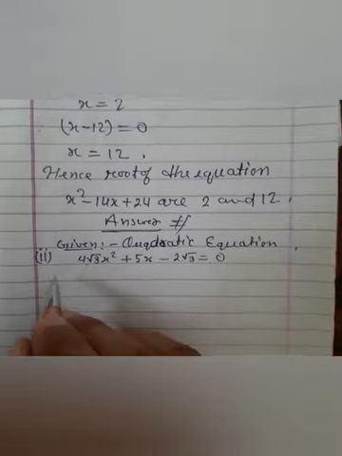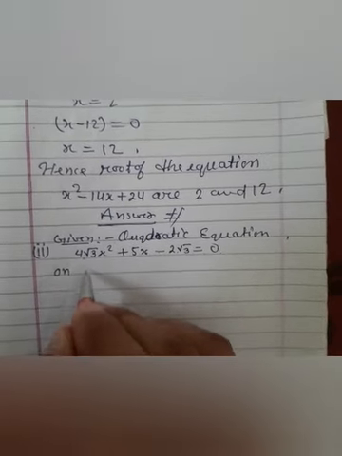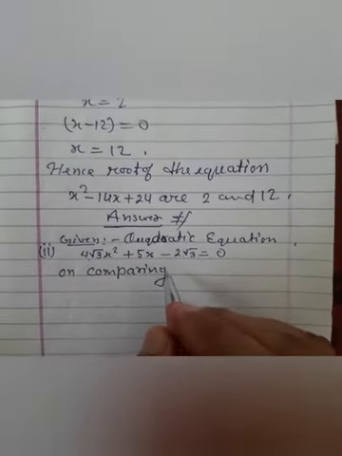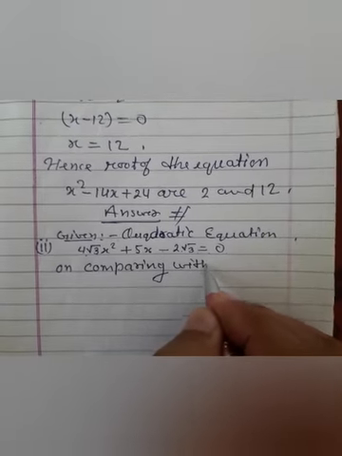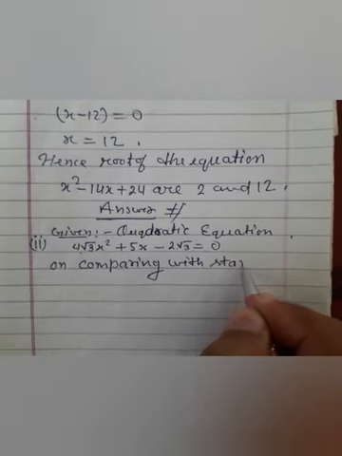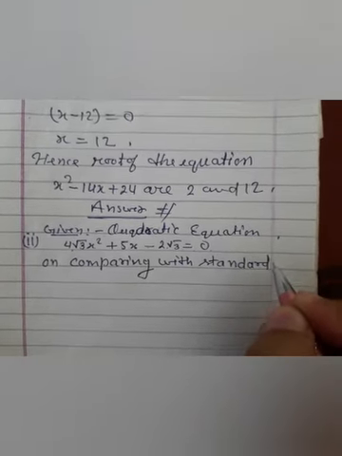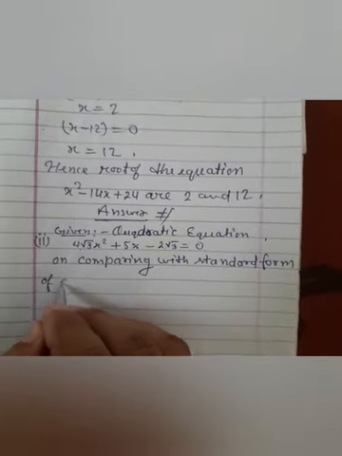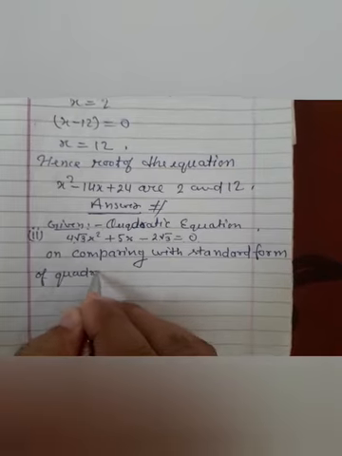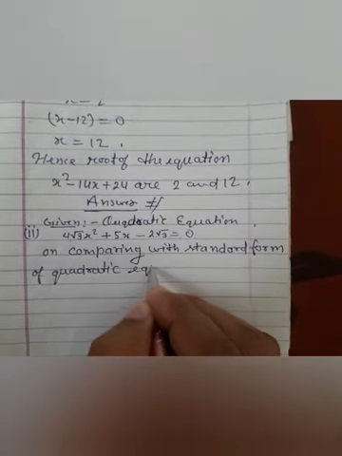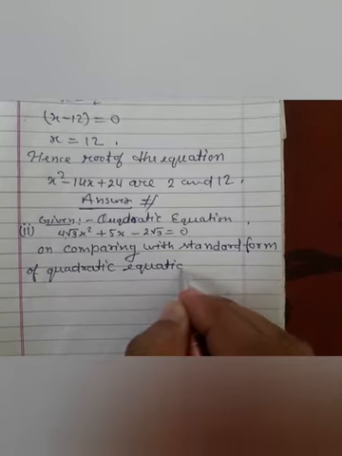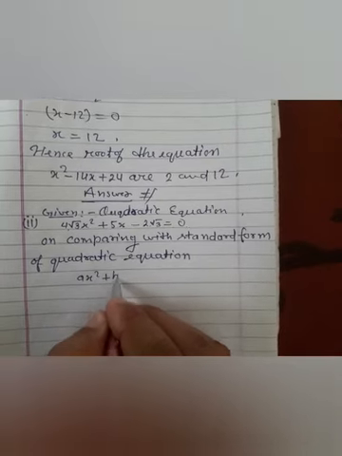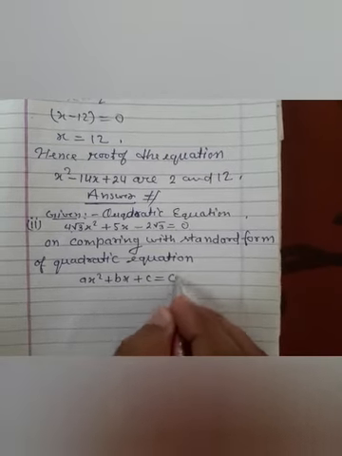Now, on comparing with the standard form of quadratic equation, that is ax square plus bx plus c is equal to 0.